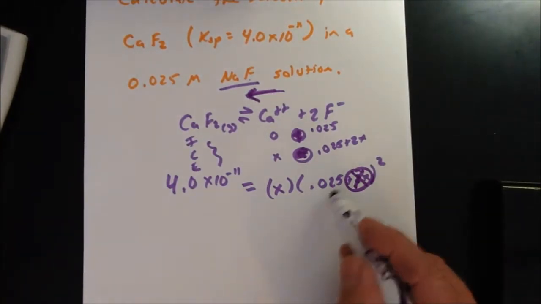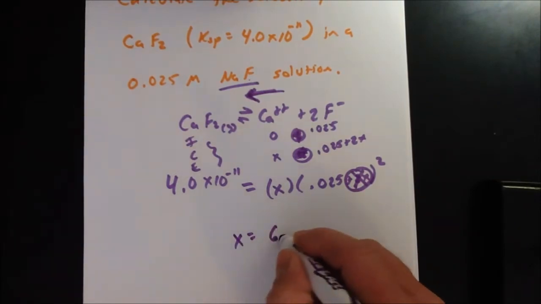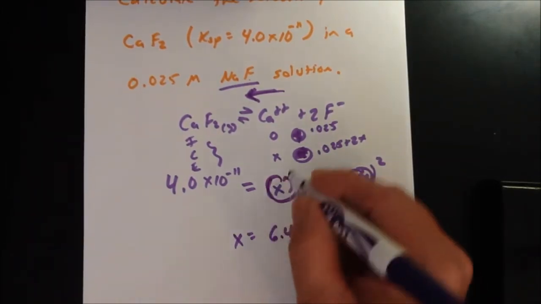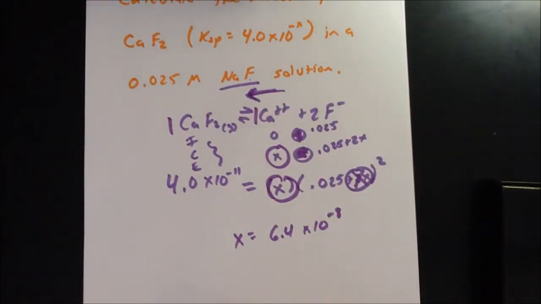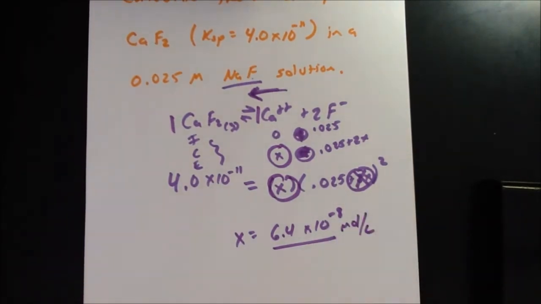So if I can do that, now all I've got to do is square the 0.025, and it makes solving for x a whole lot easier, and this would be really close to one of those solutions that you would get if you graphed it anyhow. 0.025 squared is 0.000625, so 4 times 10 to the negative 11, divide by that value, and I get that x is equal to 6.4 times 10 to the negative 8th, and again that's x, that's something that's 1 to 1 with the salt, so x is now my molar solubility, so it's 6.4 times 10 to the negative 8th moles per liter.